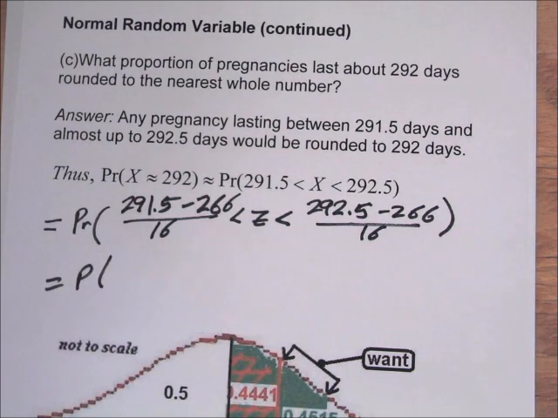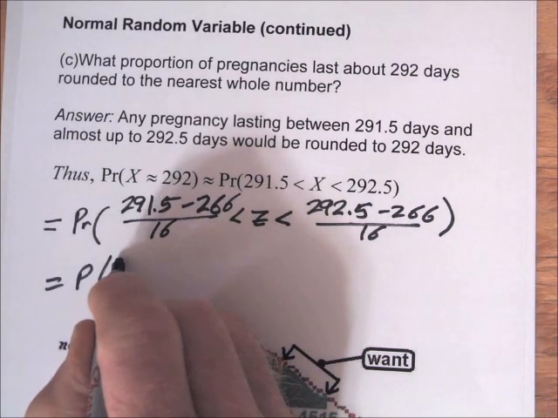This is approximately, let's see, I'm going to round this off. 291.5 minus 266, divided by 16, equals 1.59375.